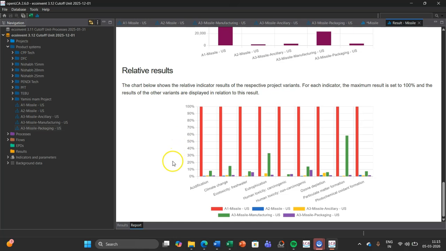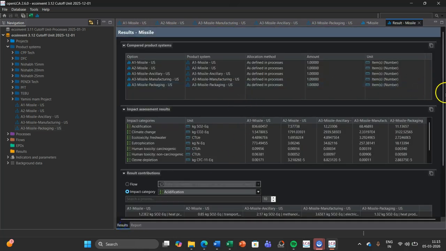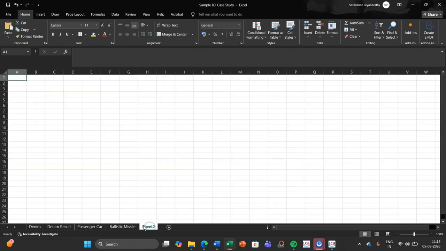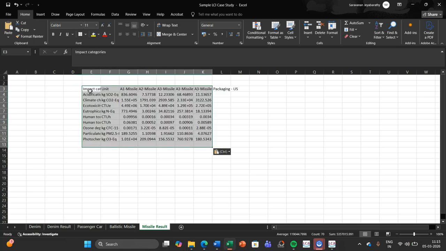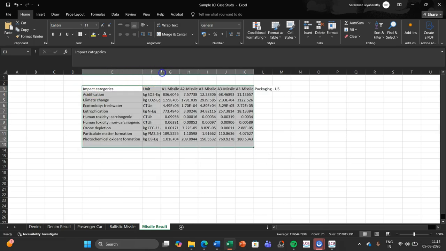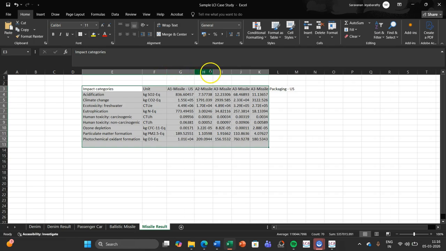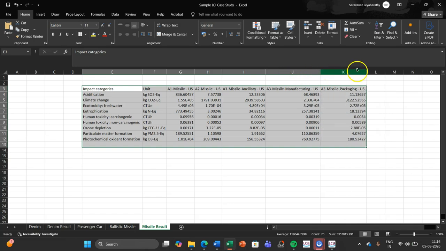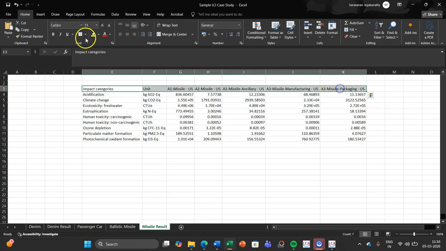So put together, what's the value? Let's get it. Here it comes. Let's copy it. Missile result. Impact category, unit of measurement.